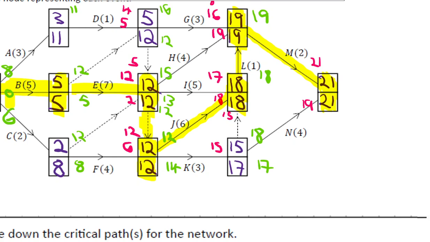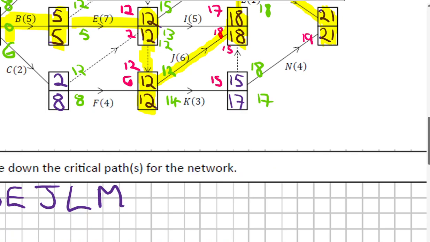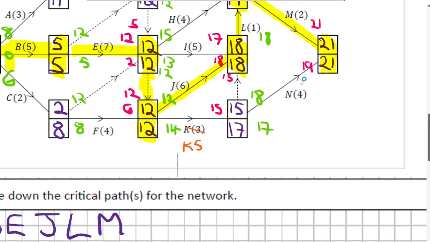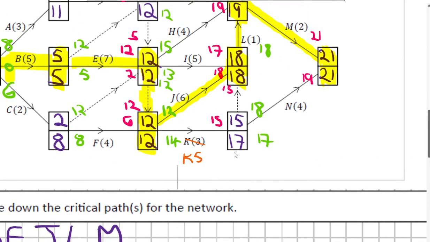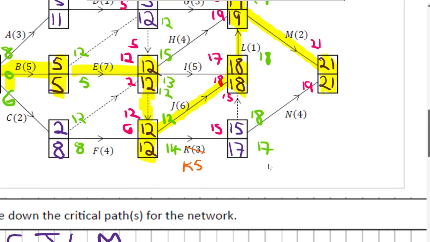So I'll just do this in orange up here. If K takes 5 instead of 3, 12 plus 5 is 17. So that would change the early time to 17, wouldn't it?